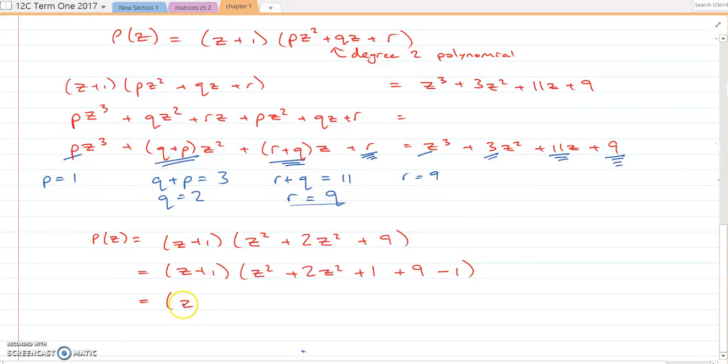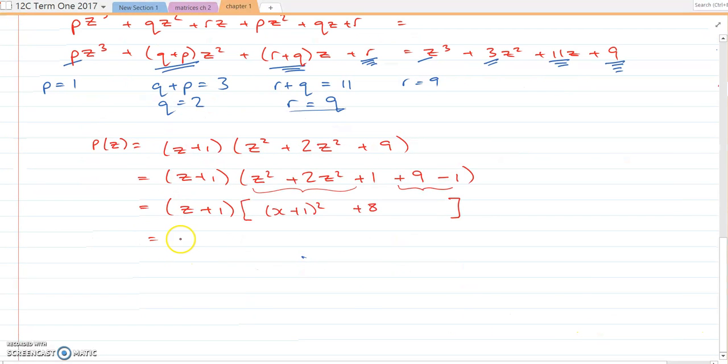Okay, so we get Z plus 1, we'll put square brackets here. These 3 become Z plus 1 squared. And then I've got plus 9 minus 1, so that's a plus 8.